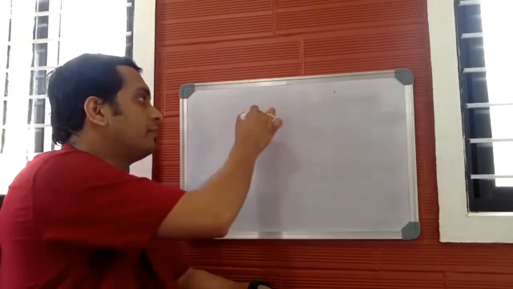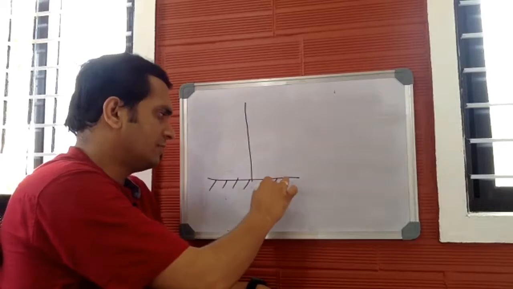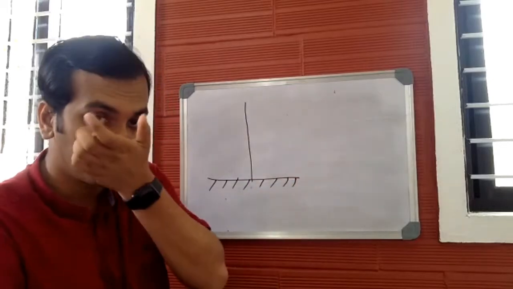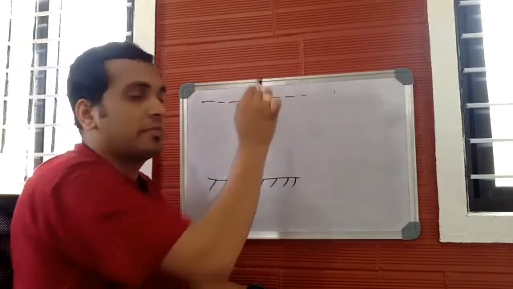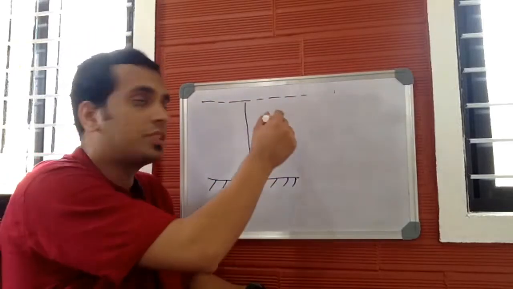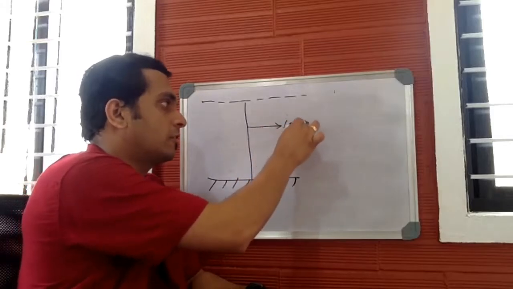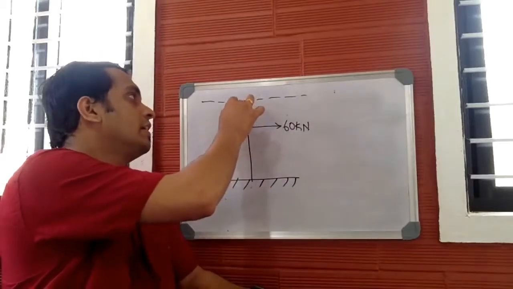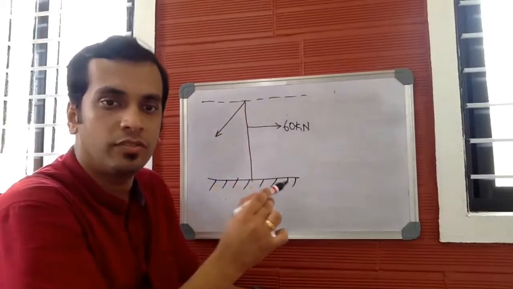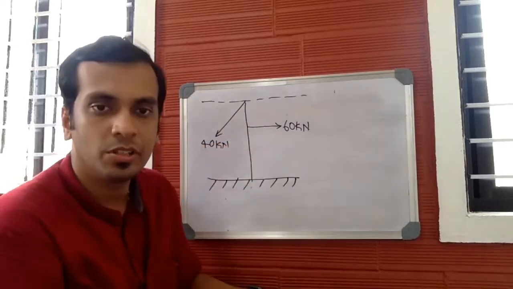Problem number 1. You have a pole in this ring, and this is the ground. You have a force of 60 kilonewton here, and another inclined force of 40 kilonewton magnitude.